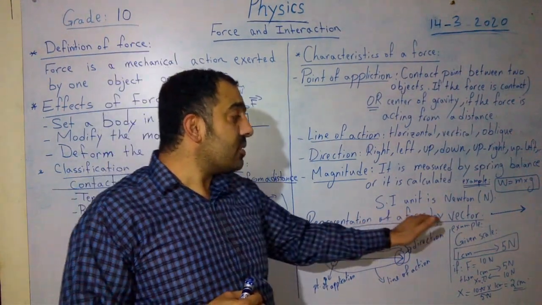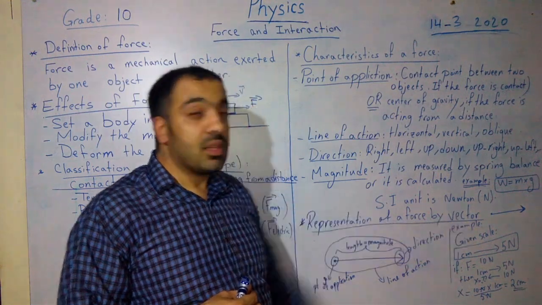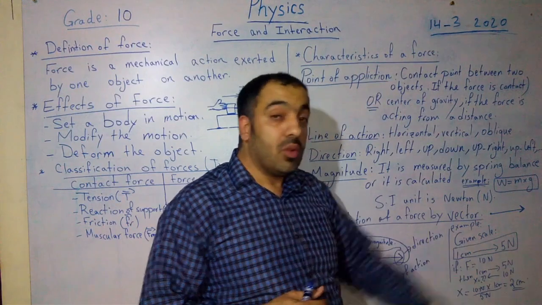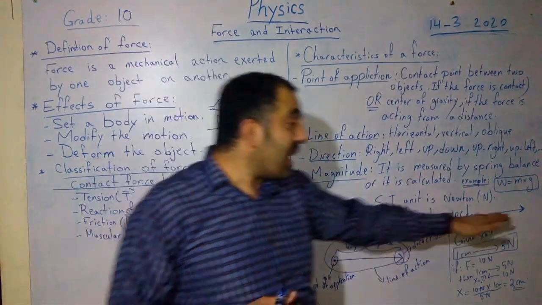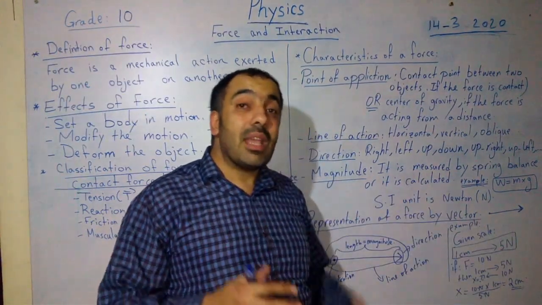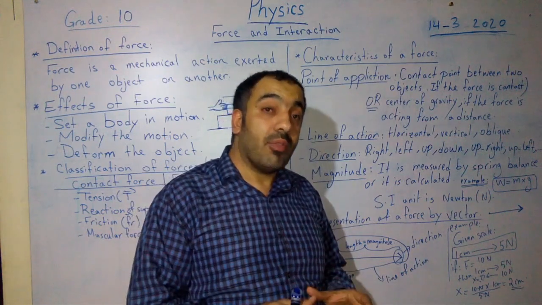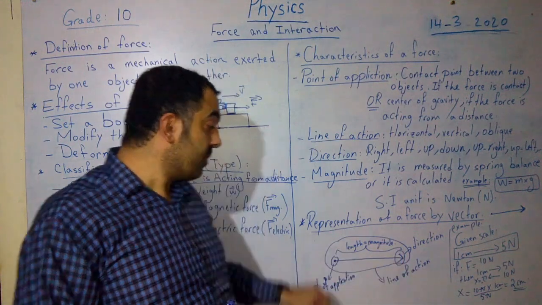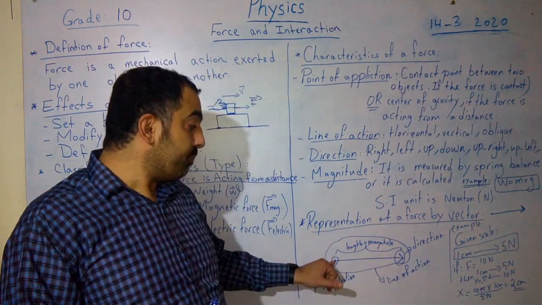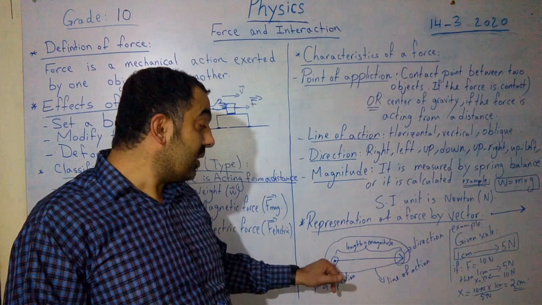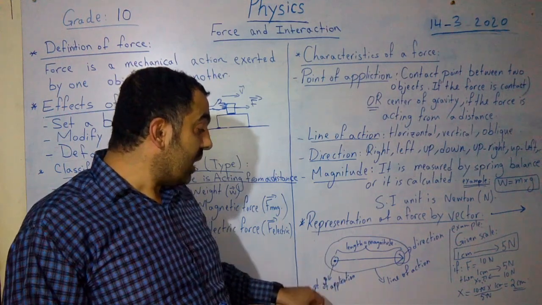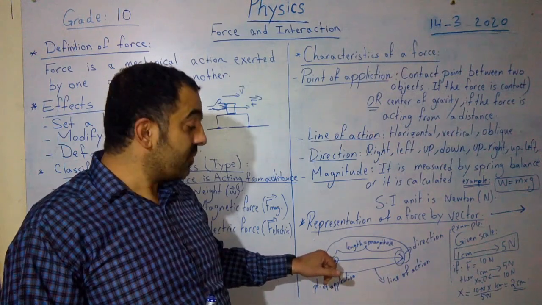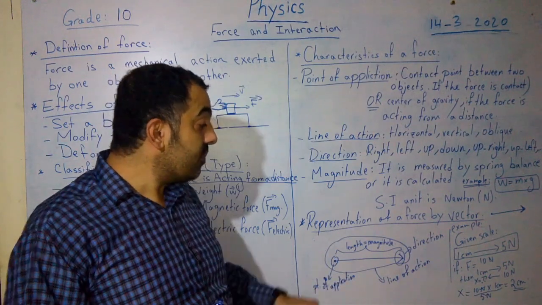Representation of a force by a vector. The force is represented by a vector. Why? Because the vector carries the same characteristics of the force. Look, this is a vector. Here, the initial point indicates the point of application.